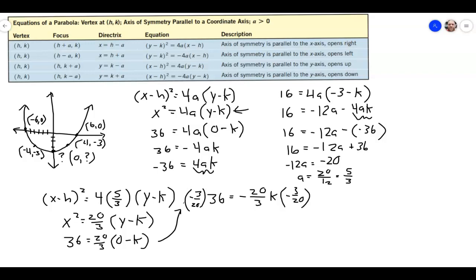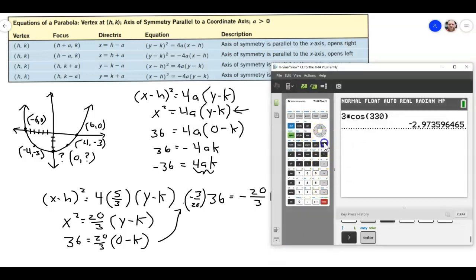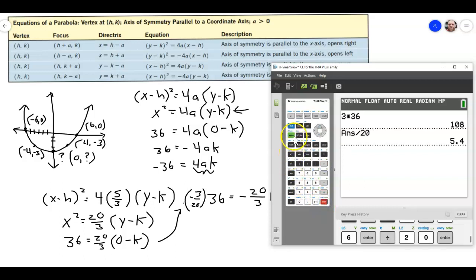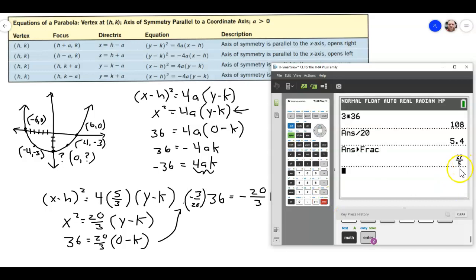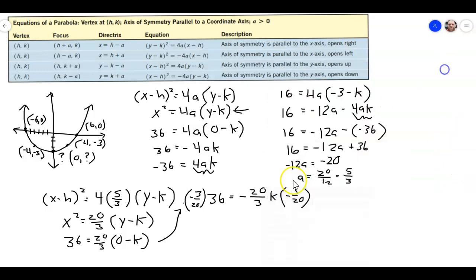Let me see, 3 times 36, and then we're going to divide that by 20 and convert that back into a fraction. And that's going to be a negative. So 27 over 5. So this is negative 27 over 5 is equal to k.